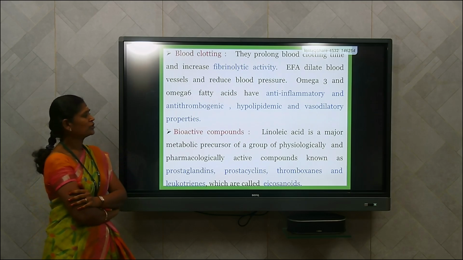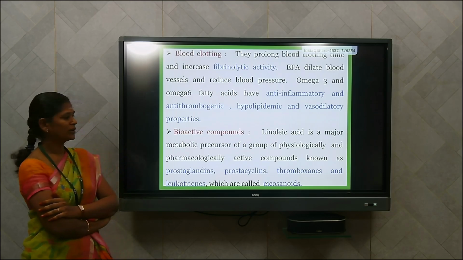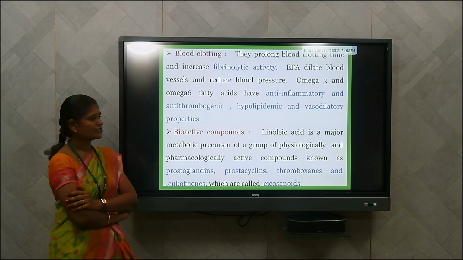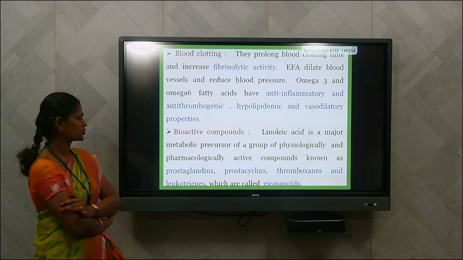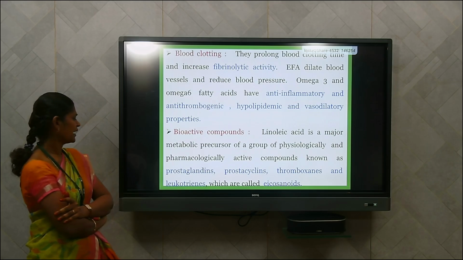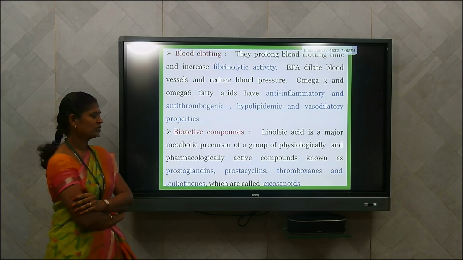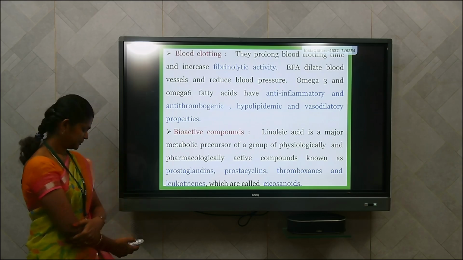Bioactive compounds: linoleic acid is a major metabolic precursor of a group of physiologically and pharmacologically active compounds like prostaglandins, prostacyclins, thromboxanes and leukotrienes. These are called eicosanoids.